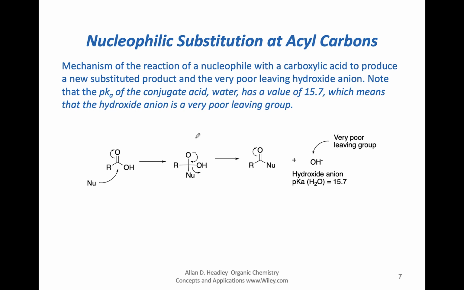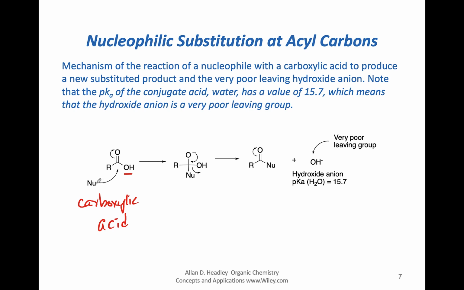Okay, let us look at another type of molecule, the carboxylic acid. So this is your carboxylic acid. Here's an OH. So the question now is, can this undergo a nucleophilic substitution reaction at the acyl carbon as we've seen before?